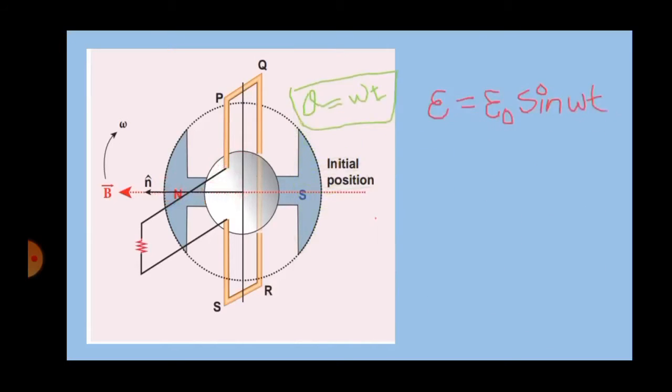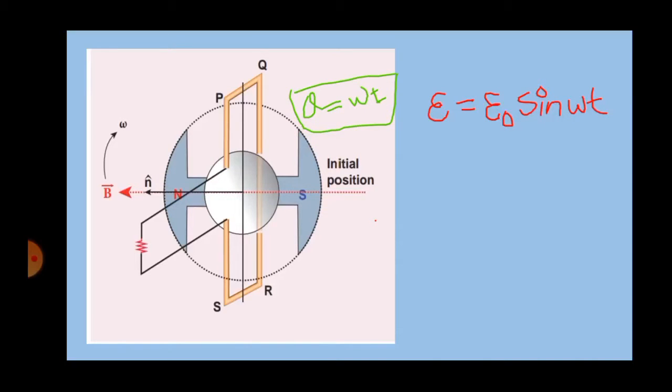Now, I already said the induced EMF is produced when the rotor is rotated inside the stator. You already studied, in the earlier class, the orientation of the coil.